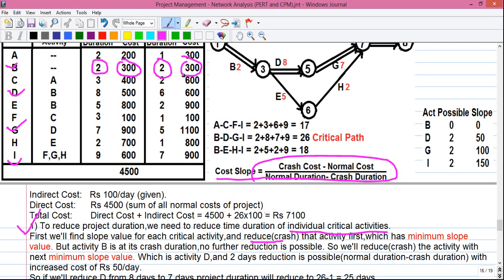So it becomes (300 minus 300) divided by (2 minus 2). So 300 minus 300 is 0 and 0 divided by anything is 0. So for activity B, the slope becomes 0.